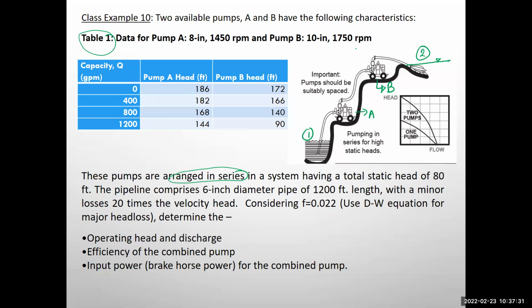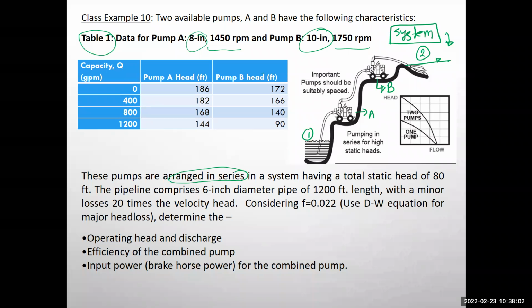If you look at the pump impeller diameter, one is 8 inches, one is 10 inches, and the speed is different also. So these are the total pump characteristics curve for A and B. And now this is the system you have. Now for this system, you need to develop a system curve.